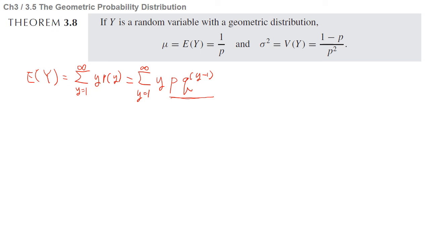So this is our density for the geometric distribution, and from here we will use a trick. Actually here we have y times q to the y minus 1, and this is the derivative with respect to q of q to the y. If you take the derivative of q^y, you get y times q^(y-1). So we put it here. We can take p outside since it is constant with respect to y.